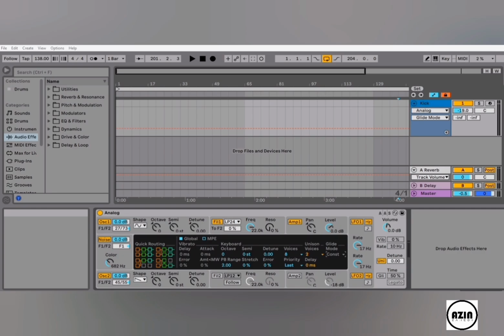6. Glide, or portamento, controls how long it takes for one note to slide into the next one, used only in mono or legato modes. Its values: 4 to 20 milliseconds, subtle pitch glide. 40 to 70, musical slide, typical for leads. 100 to 150, expressive emotional glide. 200 plus, liquid acid psychedelic.